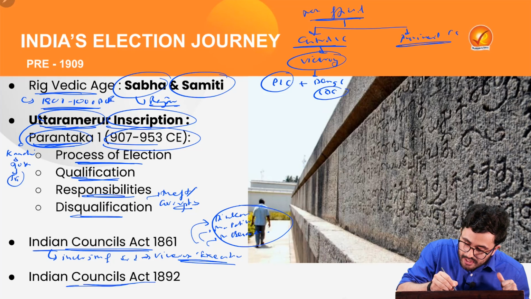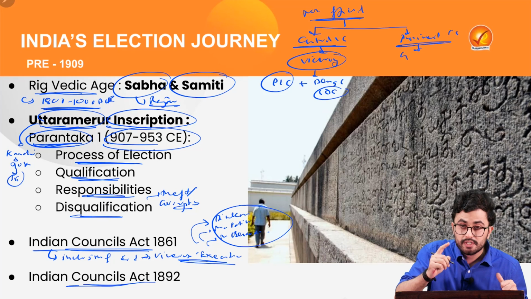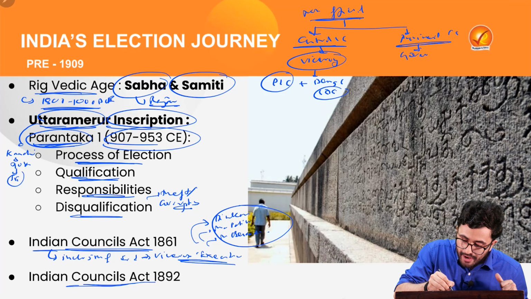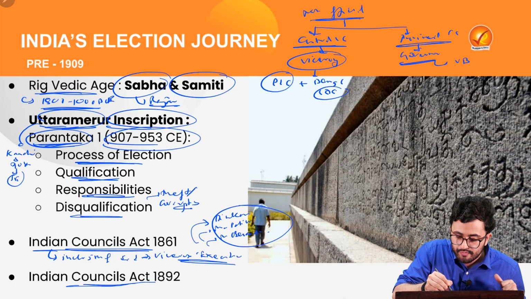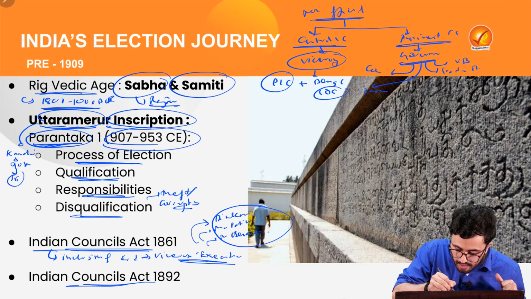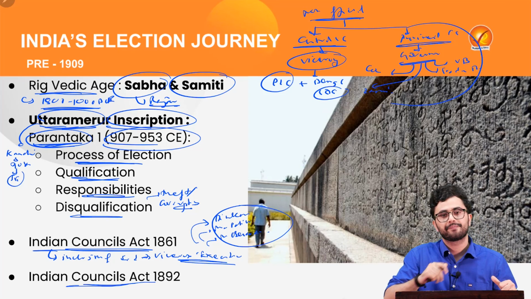In the provincial legislative councils, these members will be nominated by the governor of that province on the recommendation of university boards, trade boards, chamber of commerce, zamindars, etc.